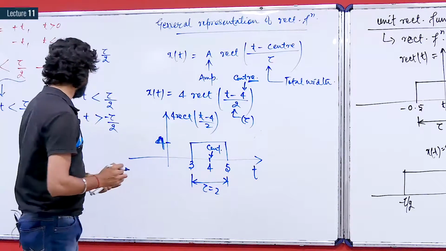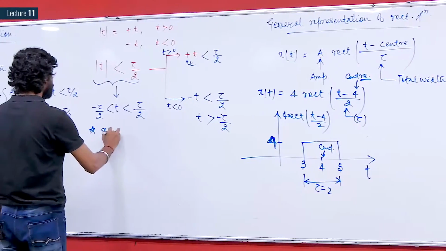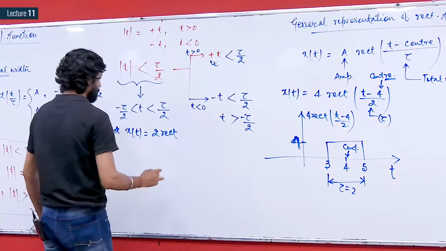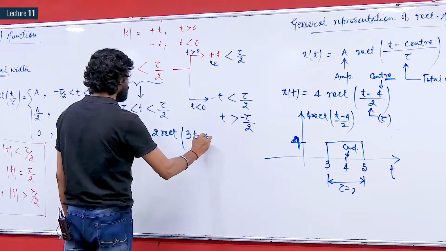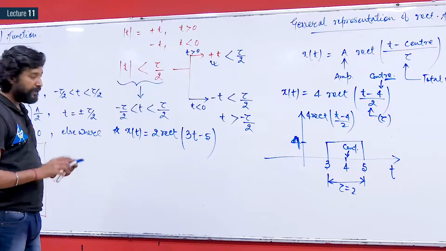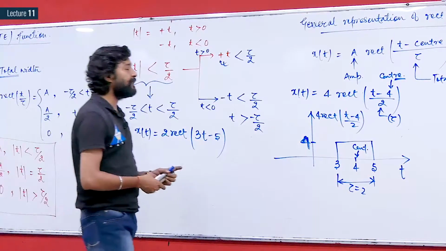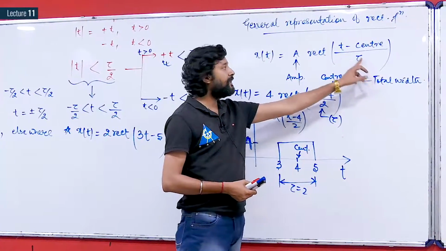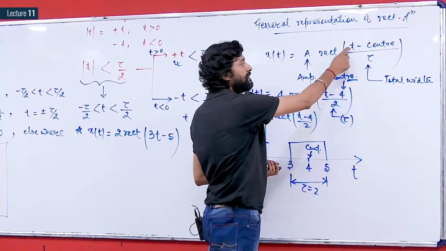Now, if you take one more example, say you have to plot x of t, that is 2 rectangle of 3t minus 5. Again you just have to compare it with your standard representation, which is a rectangle of t minus center upon tau. It means you should not have anything multiplied in this t.